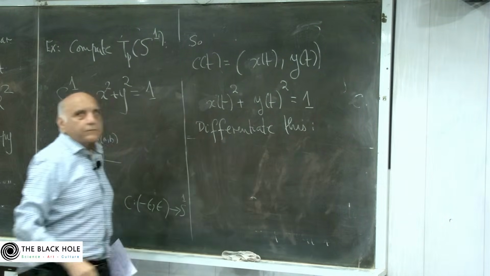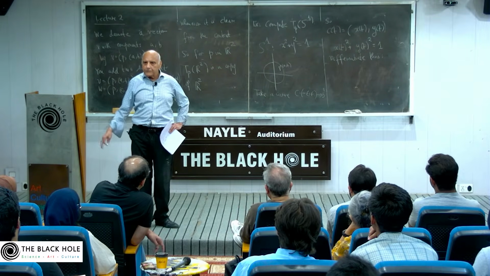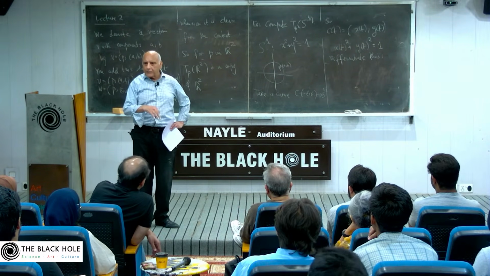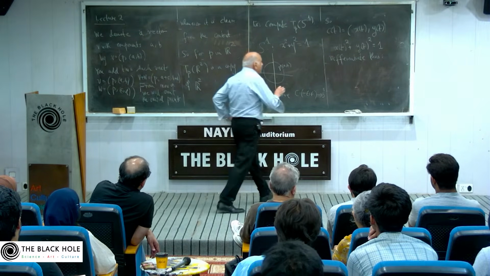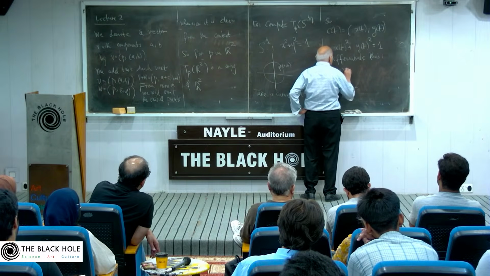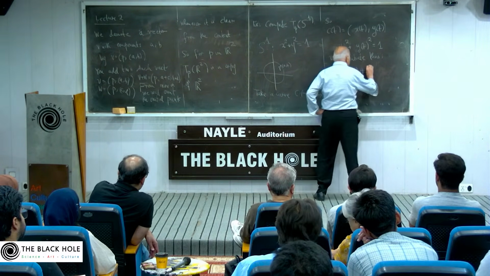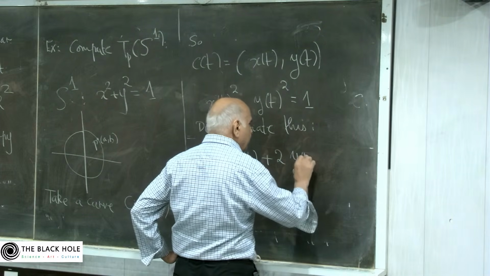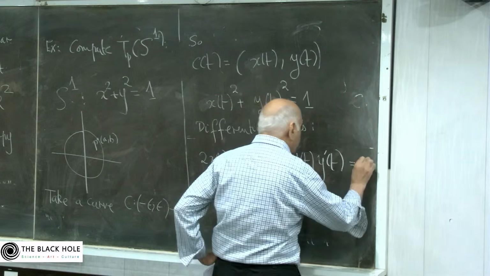You get 2 times x(t) x'(t) plus 2 times y(t) y'(t), and this is equal to 0.